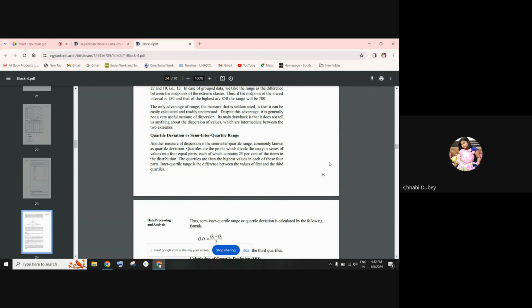Quartiles are the points which divide the series or the given values into four equal parts, and each of these will contain 25 percent of the items. So 25 into 4 gives us 100. The quartiles are then the highest value of each of these four parts. Interquartile range is the difference between the values of the first and the third quartile.